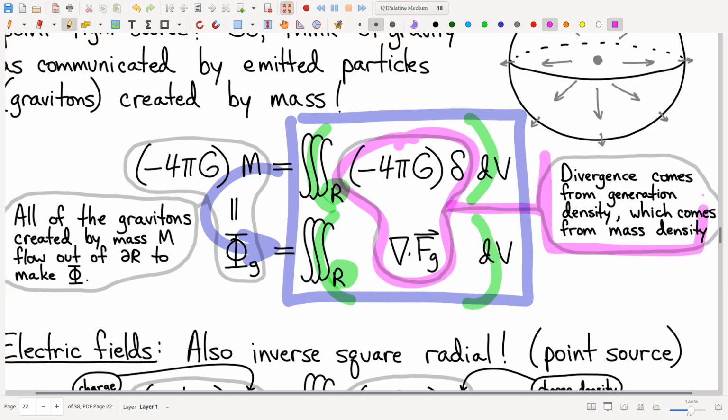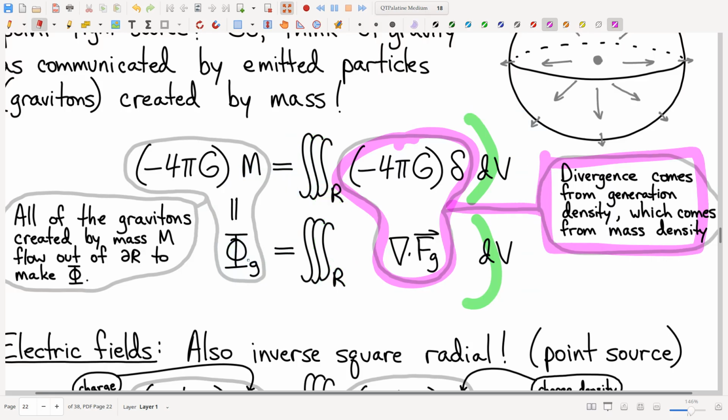And so we get a really nice interpretation of what divergence of the gravitational field represents. The divergence of the gravitational field apparently is proportional to mass density. More density, more divergence of the gravitational field.